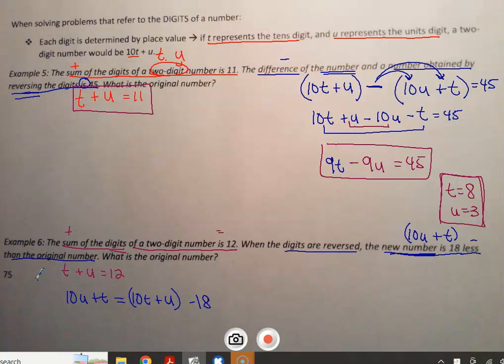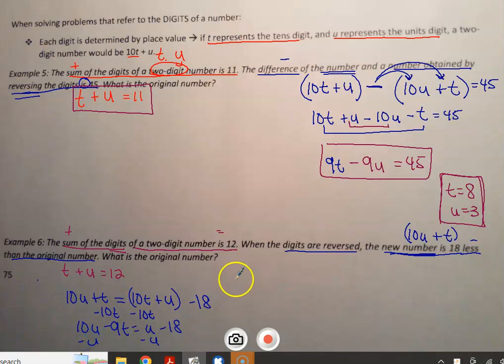Okay, so to work it out, we need to get our like terms on the same side. So if we subtract 10t here from both sides, and we could subtract u, then we'd have 10u minus 9t equals u minus 18.